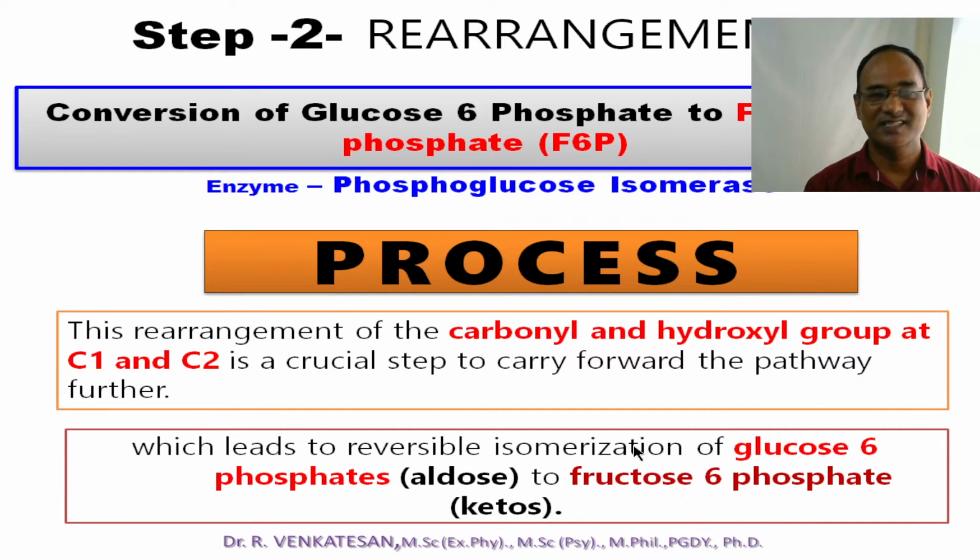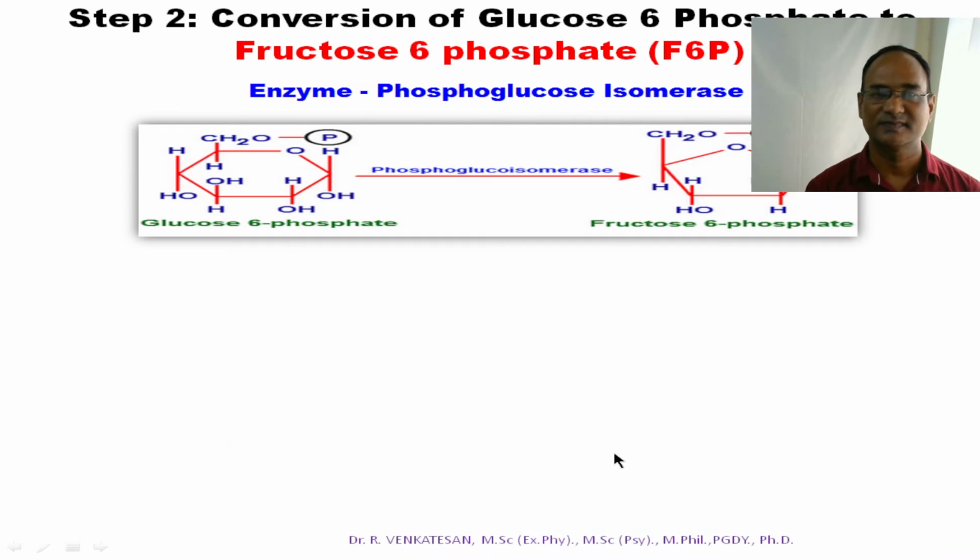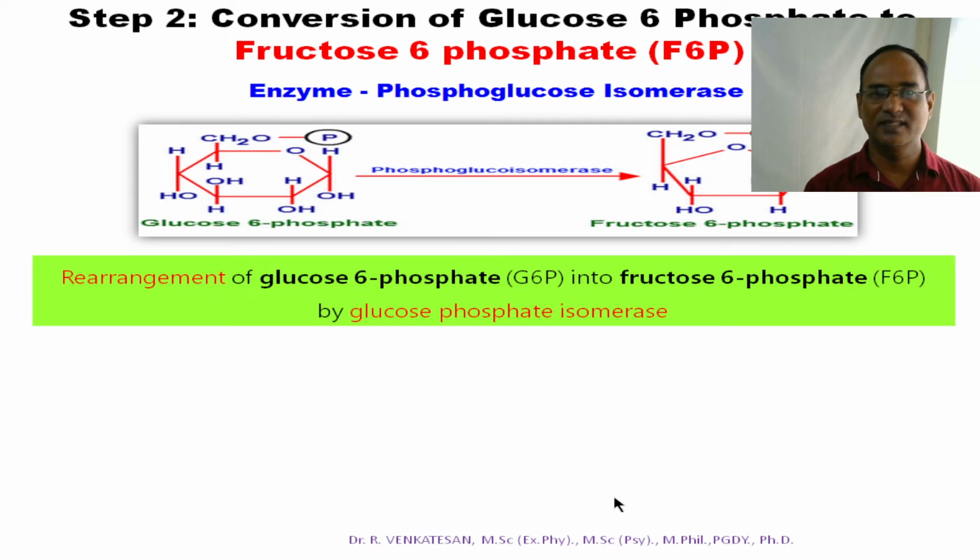This is the second stage. The glucose 6-phosphate can be converted into fructose 6-phosphate with the help of phosphoglucoisomerase. Isomerase is nothing but an enzyme that changes the position and makes an aldose into a ketose group. In this elaborate picture, the changes in glucose 6-phosphate happen at C1 and C2.